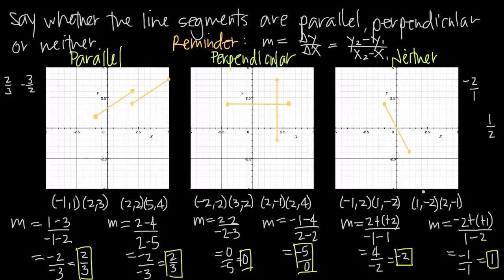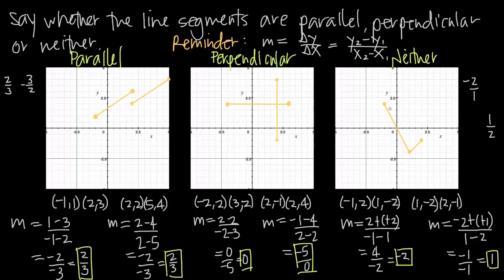Then I look at my second line segment, which has endpoints 1, -2, so I come out here to 1, -2, which is again this point right here that we already plotted, and then the point 2, -1. So I come out to 2, and then I come down to -1, and I have this endpoint right here. And if I connect these two with the line segment, I get this line segment looking like this.